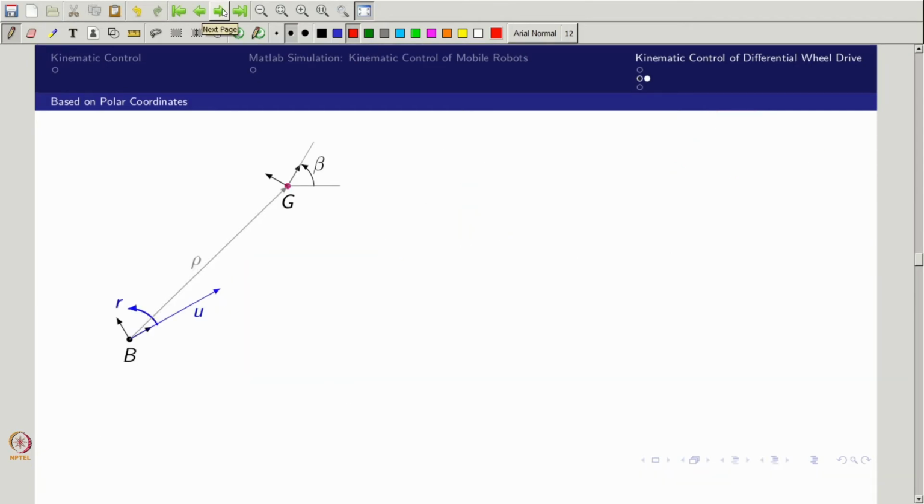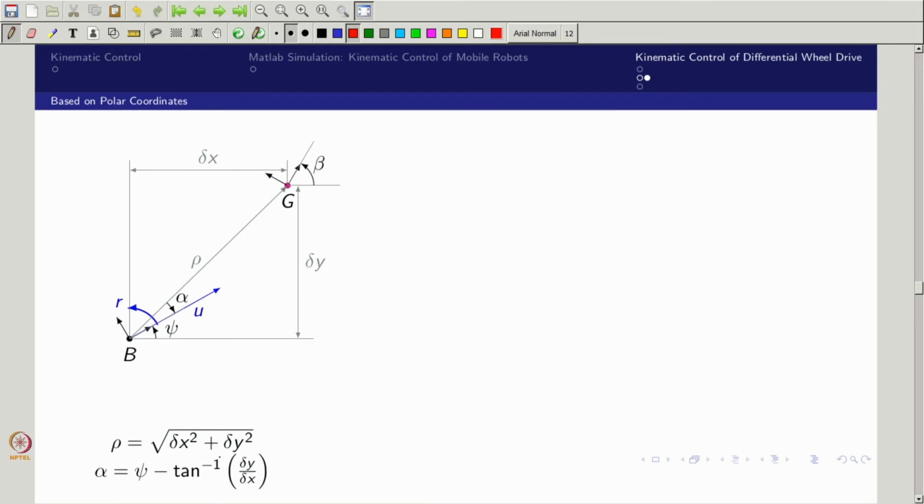So then we want to see what our control activity is, that is U, and the other control activity, which is R. These two we will take and see how we can achieve rho and alpha tending to 0 when t tends to infinity. For that we can rewrite this equation. Assume this is delta y and delta x.